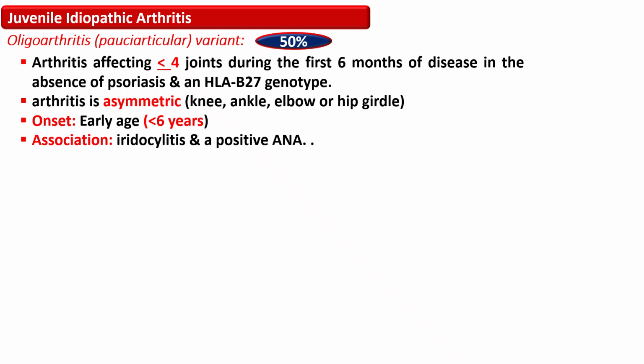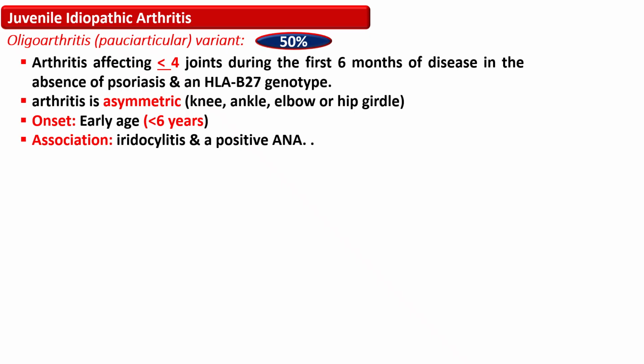The most common category of juvenile idiopathic arthritis, or JIA, is the oligoarthritis variant, which is also termed the pauciarticular variant, and it affects more than 50% of the people affected by juvenile idiopathic arthritis.